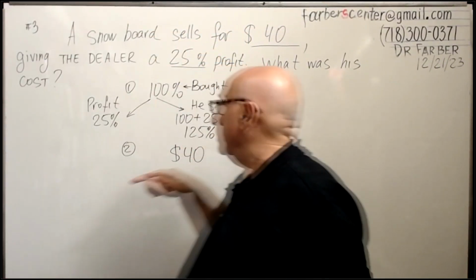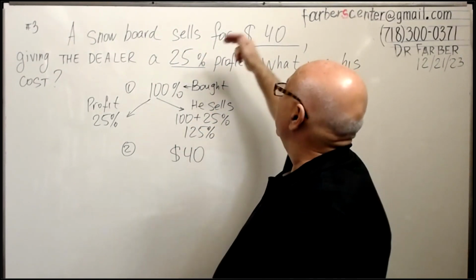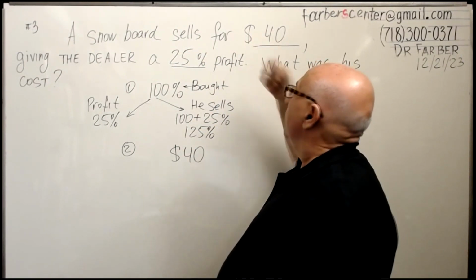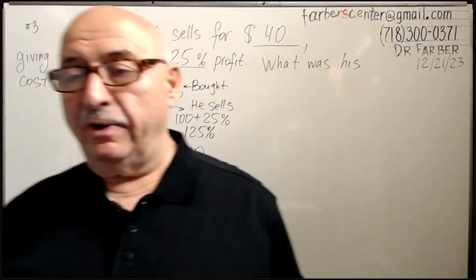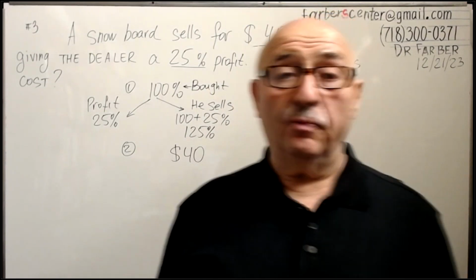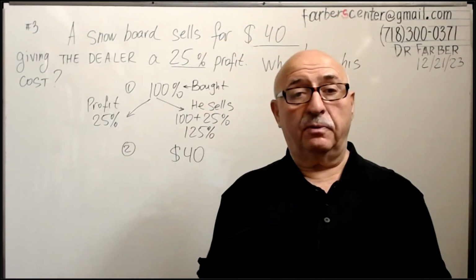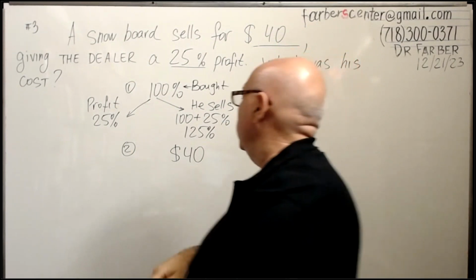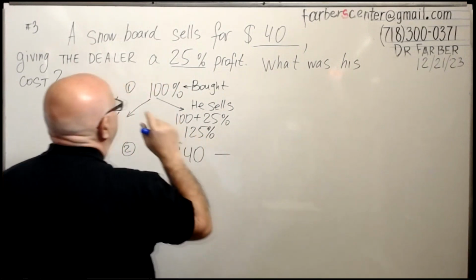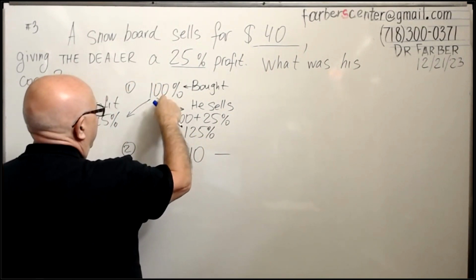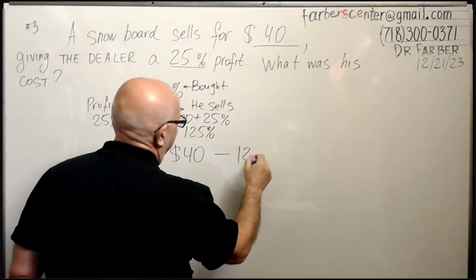This 25% is over there in this $40 because he sells it for $40. And if he sells, can the customer say, well, I forgot, give me back my money? No, he sold for 40. In this 40 is including his profit. It means this $40 includes what he paid when he bought it, plus his profit, 125%.